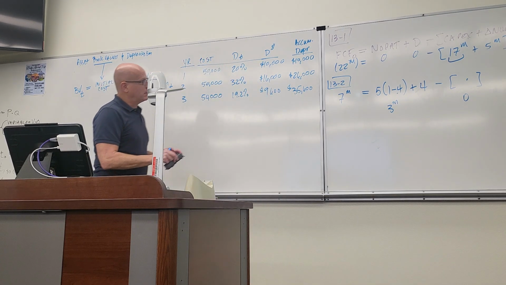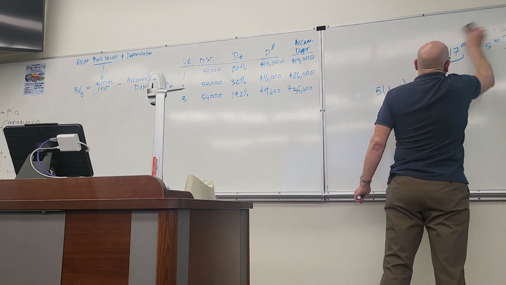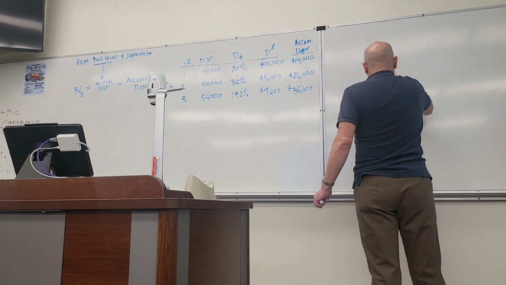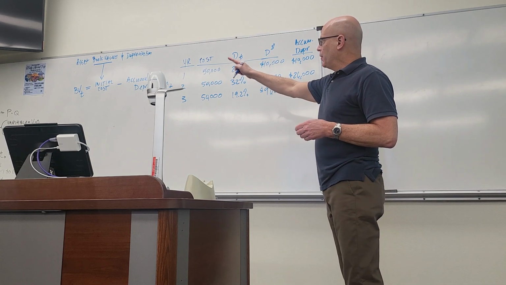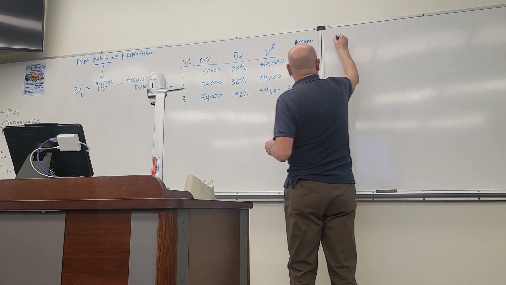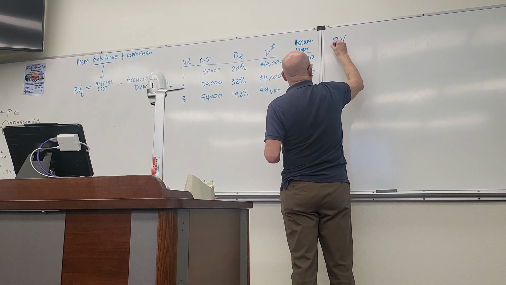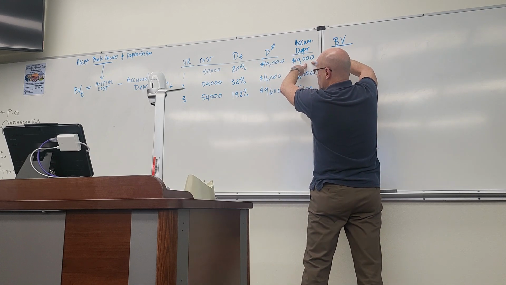Let me add in one or two more columns here. So what else might I want? I need to know the book value of my asset. So like I said, the book value is the initial cost less my accumulated depreciation.